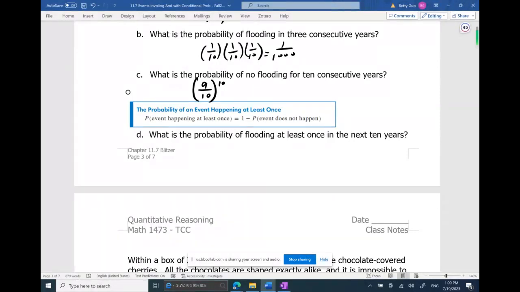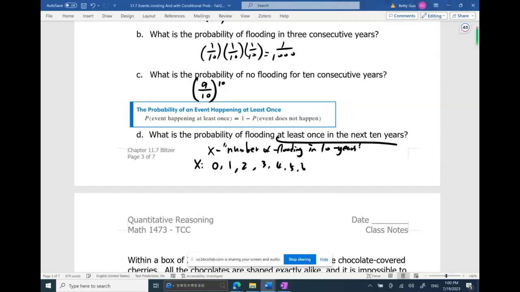So we want to consider the complement. What's the complement of at least once over the 10 consecutive years? If we let x be the number of floodings in the 10 years, then possible values of x would be 0, no flooding at all over 10 years, or exactly 1 time, or exactly 2 times, or 3, 4, 5, 6, 7, 8, 9, 10, right?